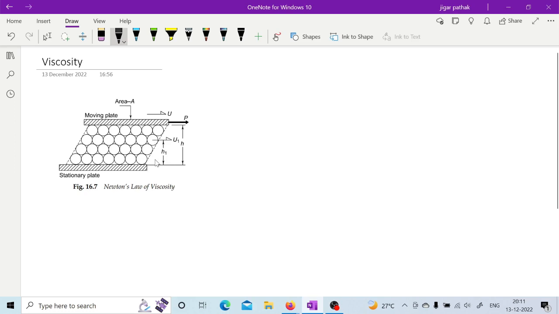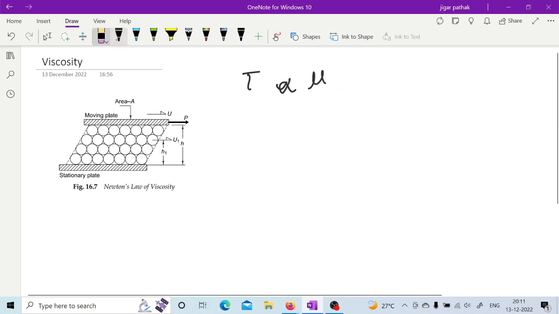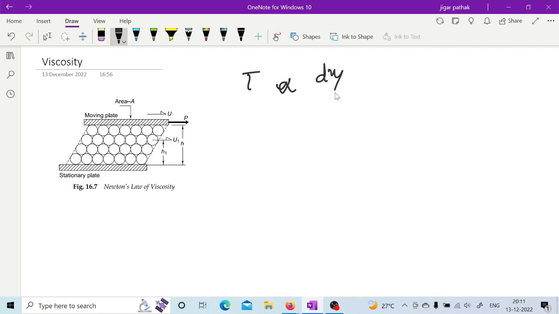So basically what we can do is we can represent this shear stress. As per Newton's law of viscosity, this tau is proportional to this velocity gradient, right? So mu is that proportionality constant, tau is proportional to du by dy.